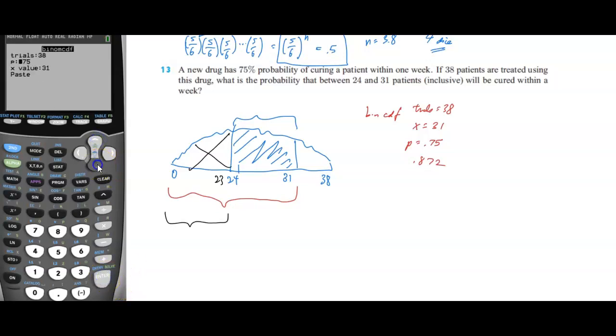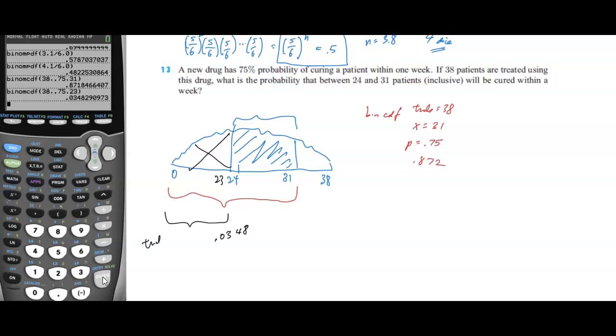So we put 38, 0.75 and we put 23. This is the black region. The answer is 0.0348 for black. Black region was trials 38, x equals 23, and p is also equal to 0.75.